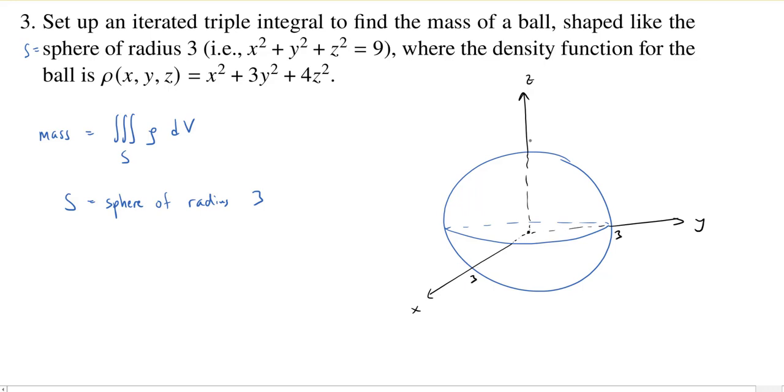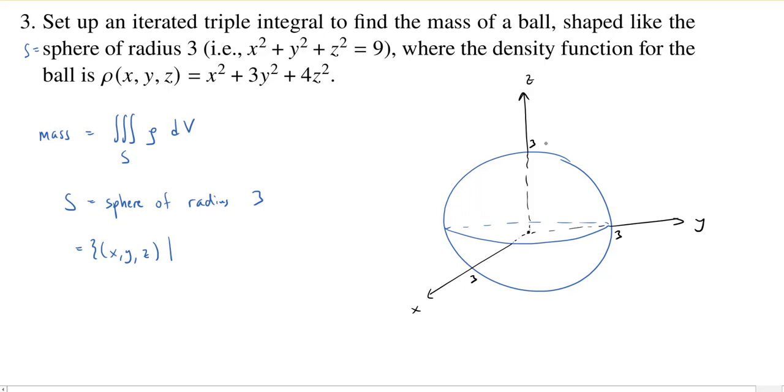If I want to write down S, there's a pretty standard way to do this. If I'm writing it in rectangular coordinates, which again, is definitely not the easiest way to write it, I can start by first projecting this entire sphere into the xy plane.